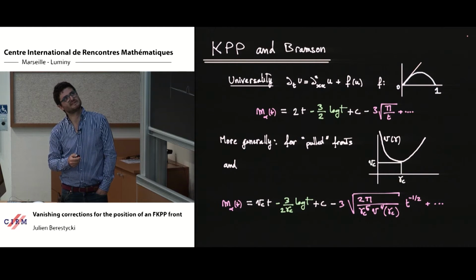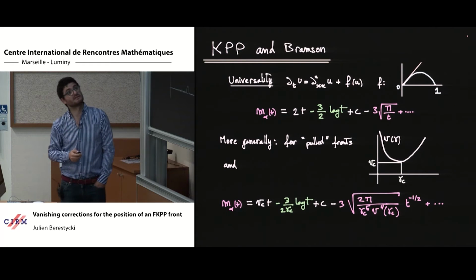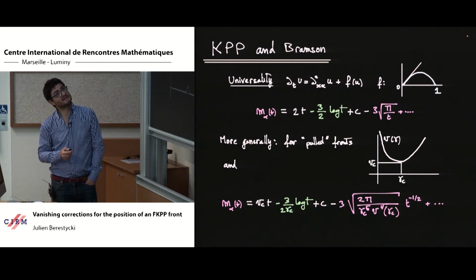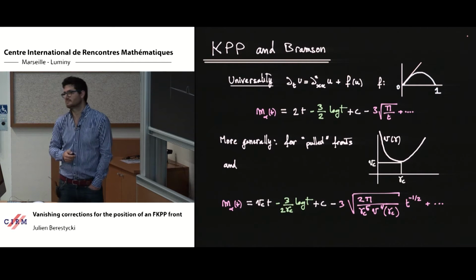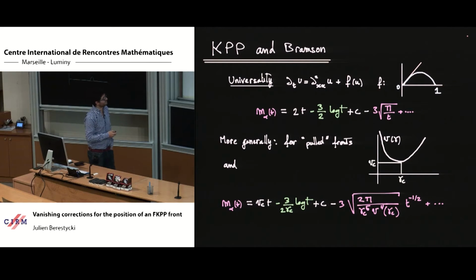So what I mean here is that it's positive, it stays below the first diagonal, it has derivative 1 at 0. Okay? If you have this, then the exact same expansion holds for the position of the front.